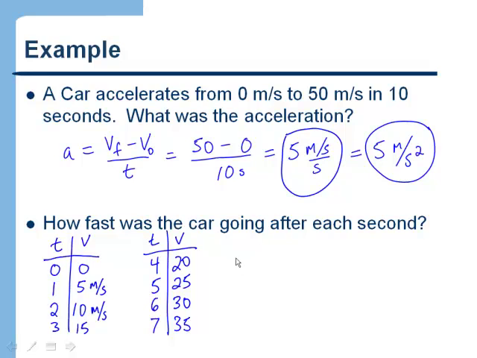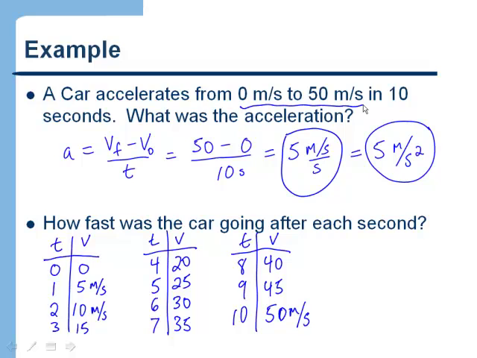So after 7 seconds, we'd be going 35. After 8 seconds, 40. 9 seconds, 45. And finally, after 10 seconds, we'd be going 50 meters per second. Well, that makes sense because that's, after all, what we started out knowing. So acceleration just tells you how much the velocity is changing in every second. Every second that goes by, the velocity changes by that amount.